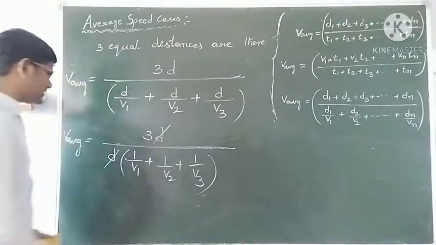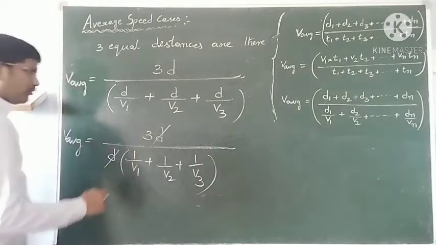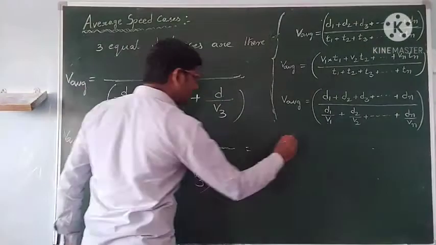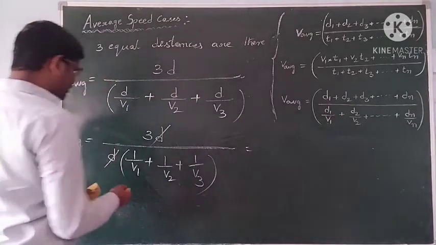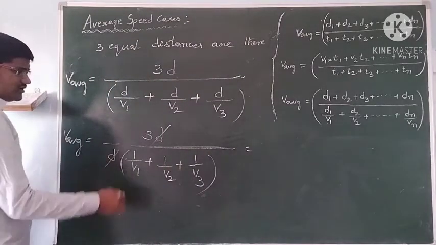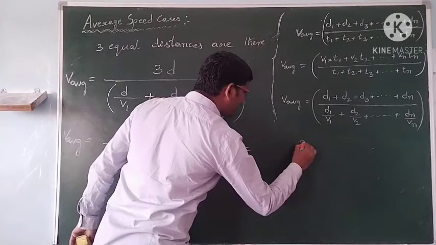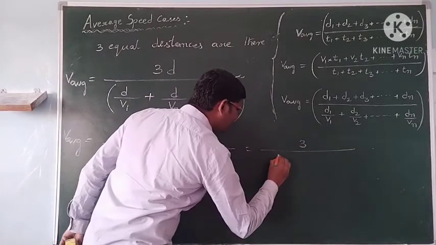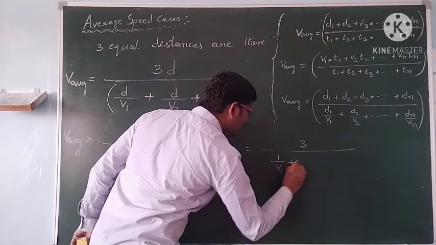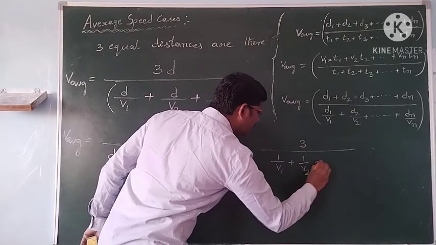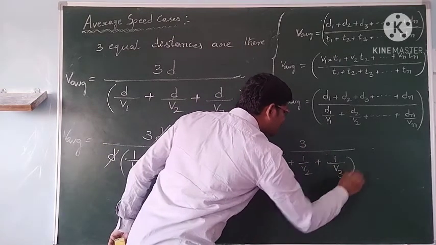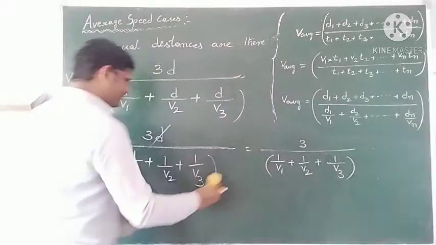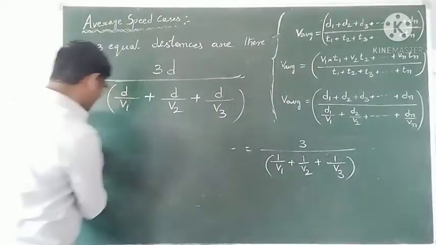Okay students, what is left you see here students? 3 by 1 by v1 plus 1 by v2 plus 1 by v3 is left. Take LCM.